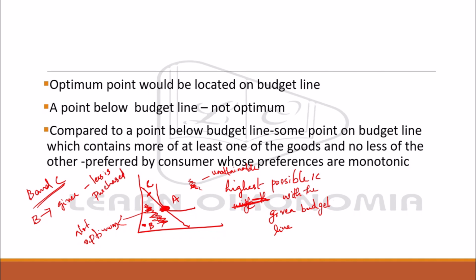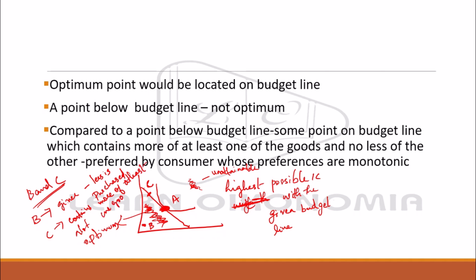But when you take the case of C, you could see that this contains more of at least one good.